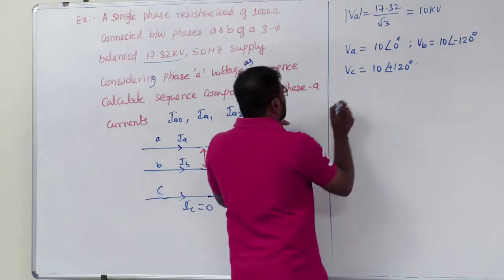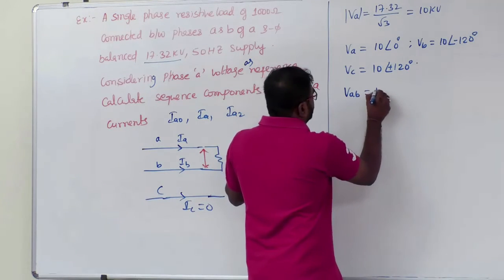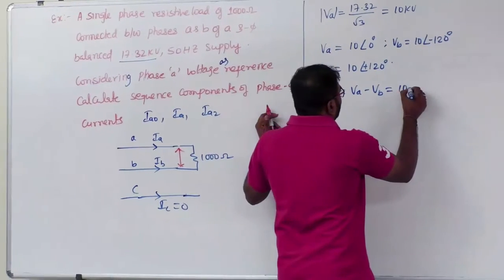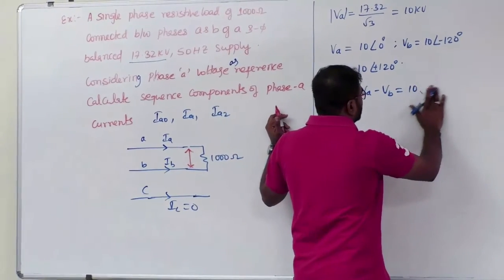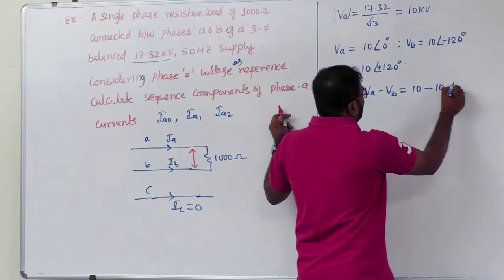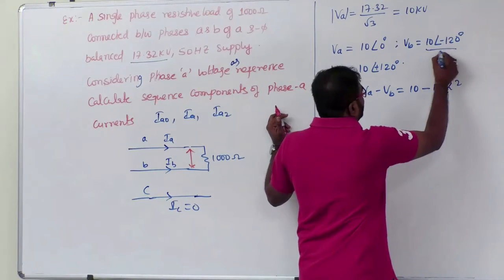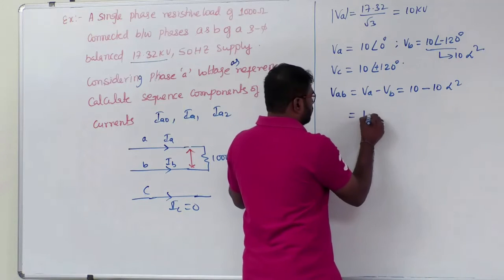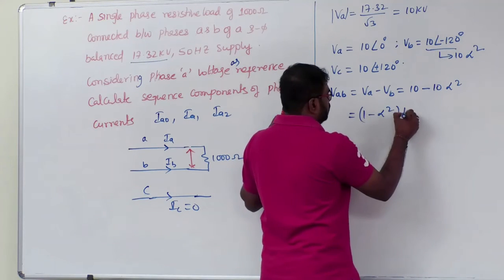So what is VAB? VAB equal to VA minus VB, that is 10 at an angle 0, that means 10 minus 10 into alpha square. I told you this, you can also write 10 alpha square. So 1 minus alpha square times 10.